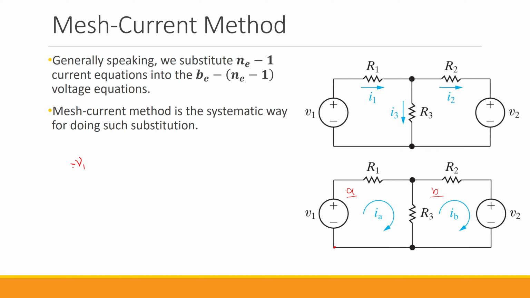So that is the negative sign here. Then we have R1, which has the current IA going through it, and R1 is not shared with any other mesh. So its voltage according to Ohm's law and also following the passive sign convention is going to be R1 IA.